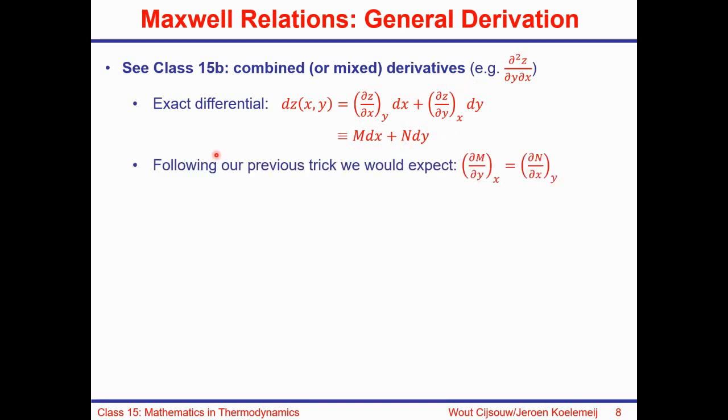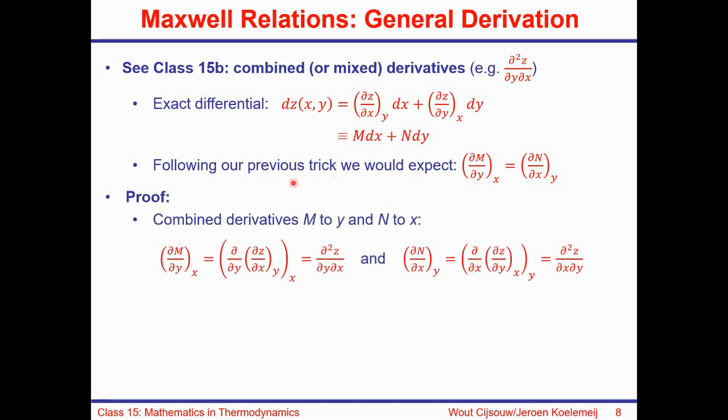Now, if we apply the trick that we just learned about, we would expect that the partial derivative of m with respect to y for fixed x would be equal to the partial derivative of n with respect to x for fixed y, like we show here. So this is what we want to prove, but this is actually correct.